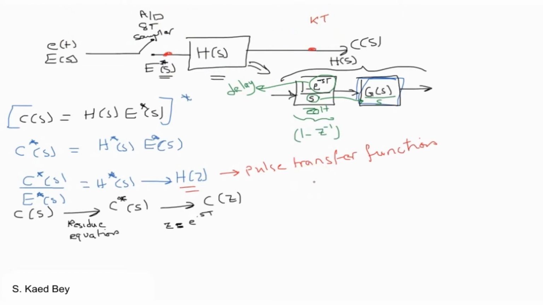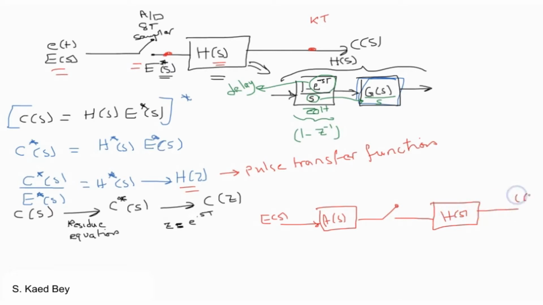And remember, the pulse transfer function will only exist if the input is sampled before it's being applied to the continuous time part. For example, if you have an input which is applied to an analog part before it's being sampled, then in this case no pulse transfer function can be obtained.